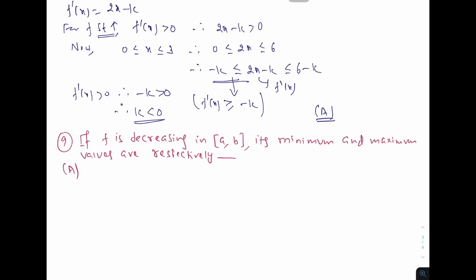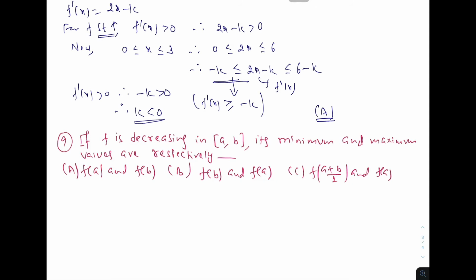Options are given as f a and f b; f b and f a; f of a plus b by 2 and f a.